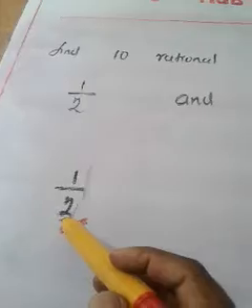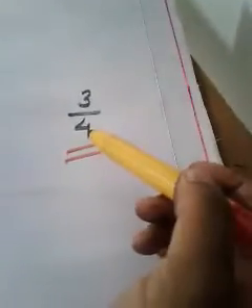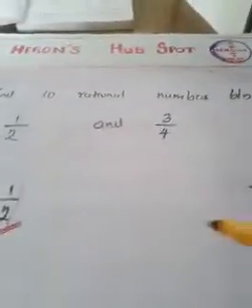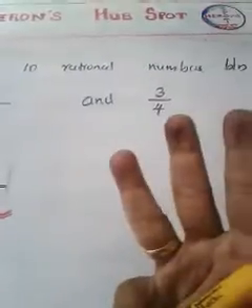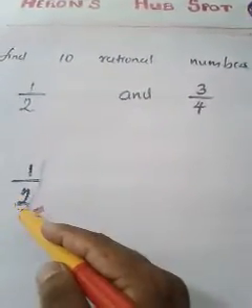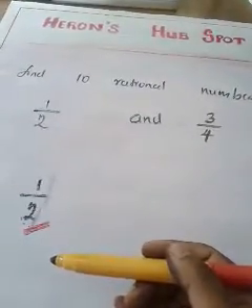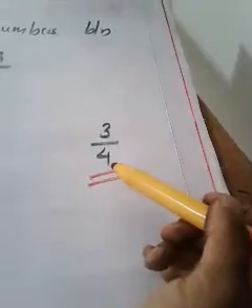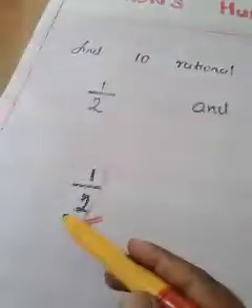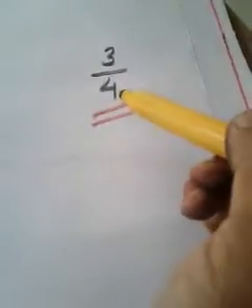No, 2 is a multiple of 2, but 2 is not a multiple of 4. Then which are the common multiples of 2 and 4? 4 is a common multiple because 4 is a multiple of 2, 4 is a multiple of 4. Then 8 is a common multiple. Why? Because 8 is a multiple of 2, 8 is a multiple of 4. And what about 10? 10 is a multiple of 2, but 10 is not a multiple of 4.